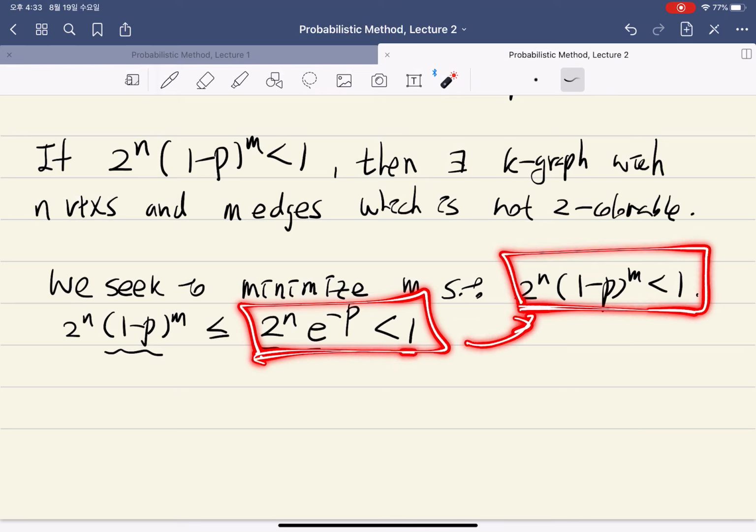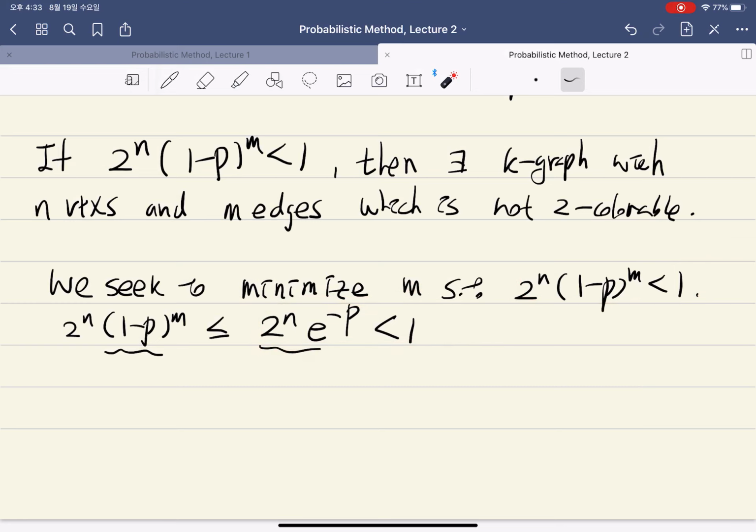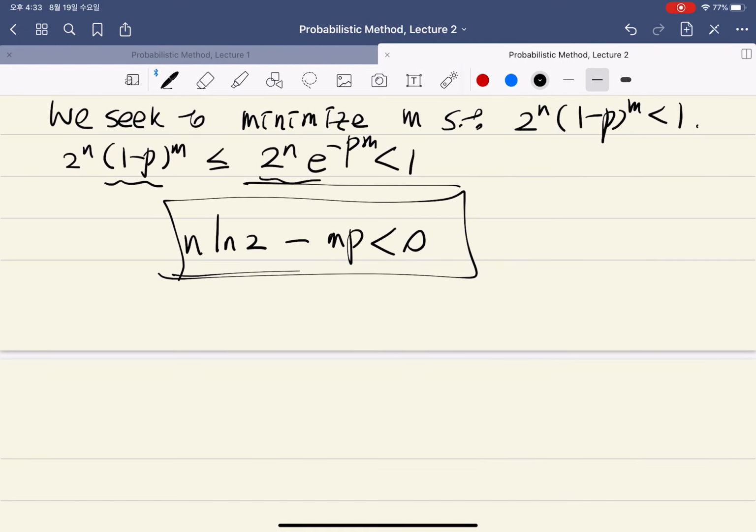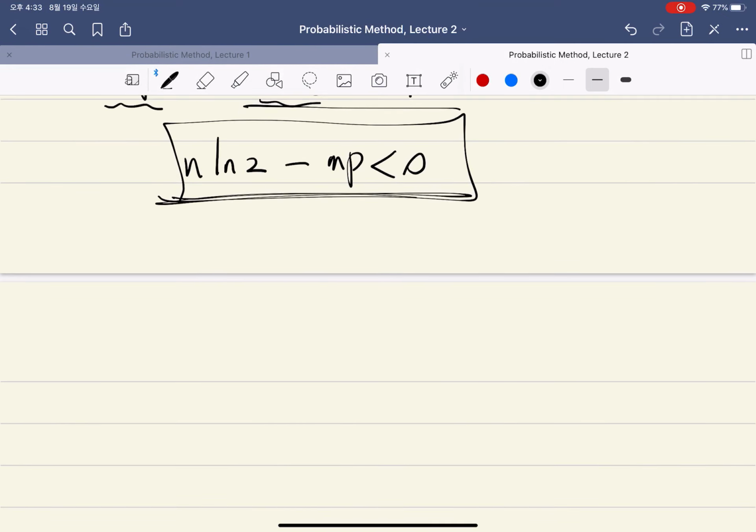So it's enough to find the m that minimizes this. Here you take a logarithm, then n log 2 minus mp is smaller than 0. So this is what we want to achieve.